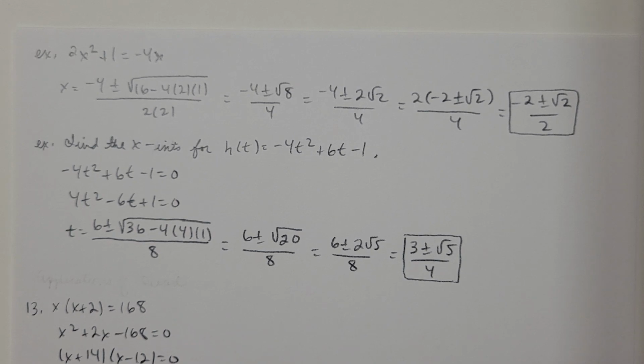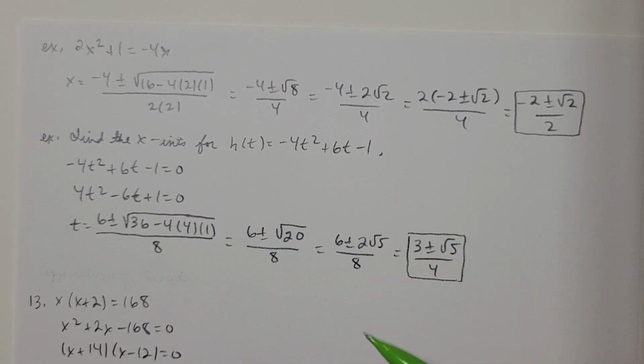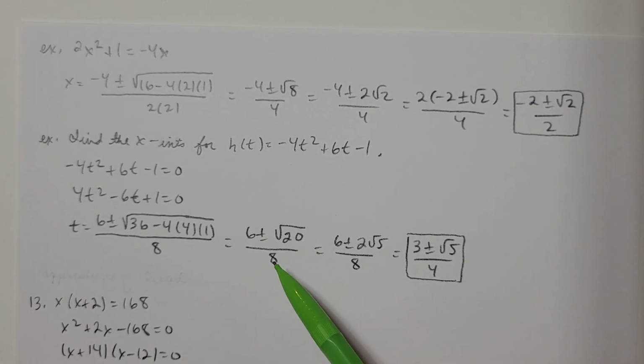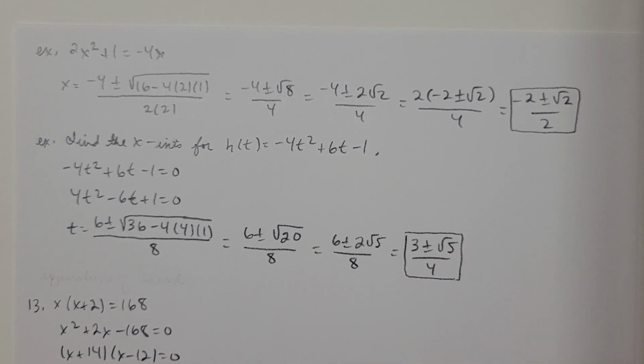Okay, so underneath the square root sign, 36 minus 16 is 20. So I'm looking at 6 plus or minus root 20 over 8. Root 20 is going to break down as 2 root 5. So this would simplify.